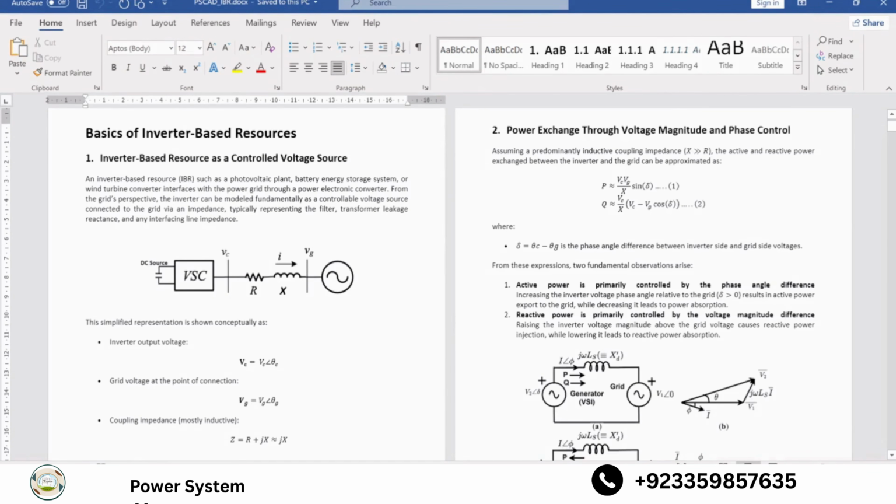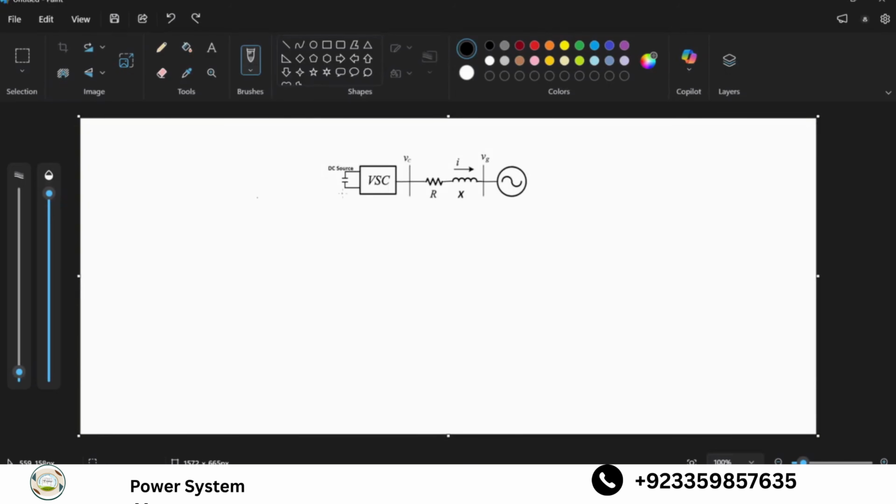What I could do now is, let's connect both these points by a circuit that looks something like this. For example, this is an RX branch. Usually R is very small, but it is unavoidable because R is the resistance of this inductor. Let's look at this circuit a little more closely.